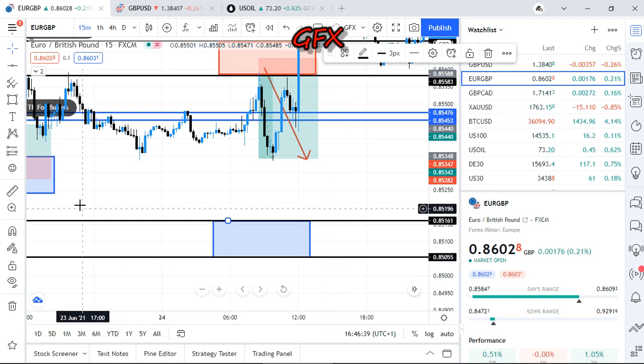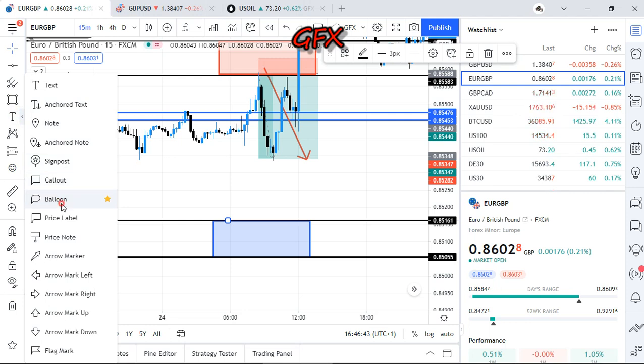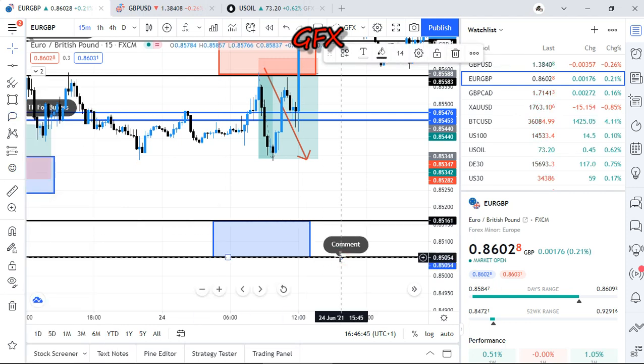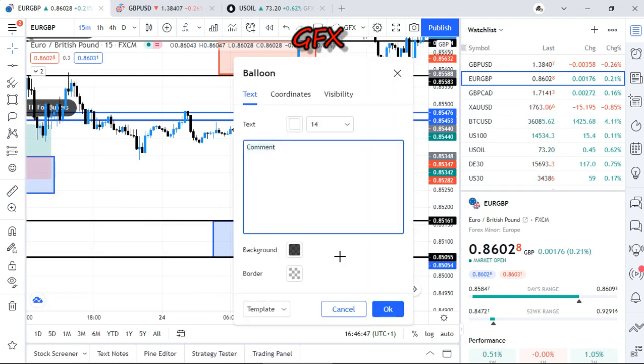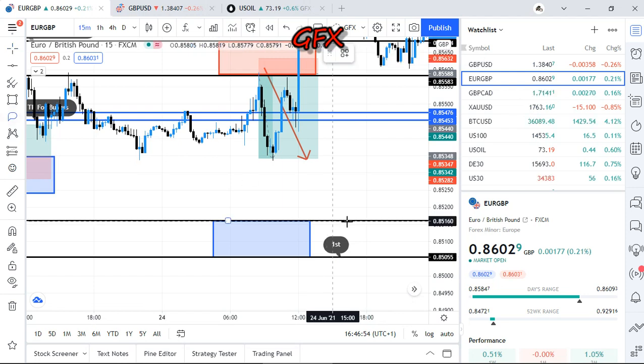This is the first line. Let me annotate. All right, that's the first line.